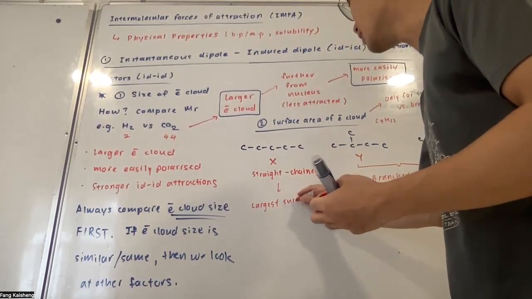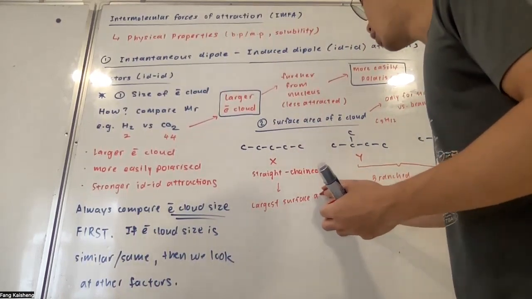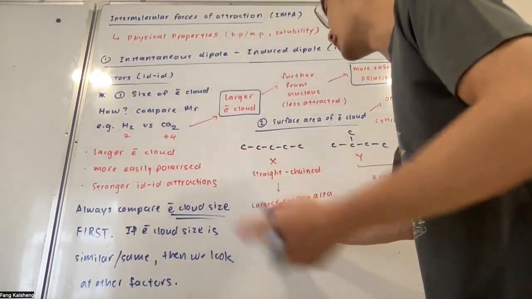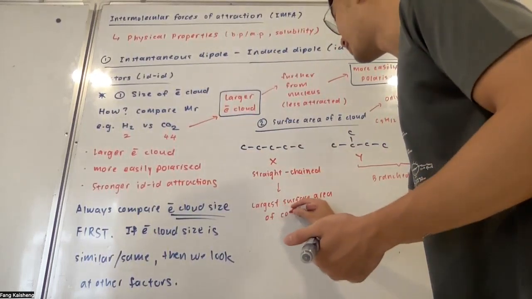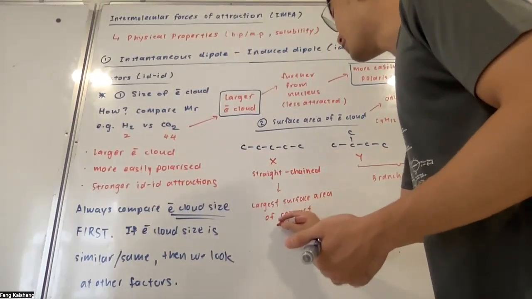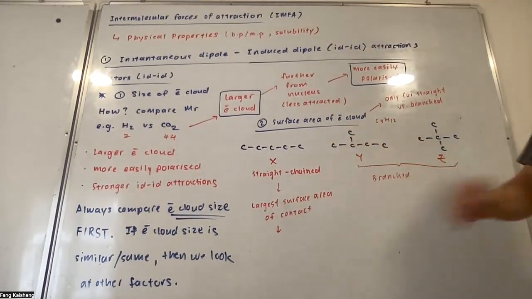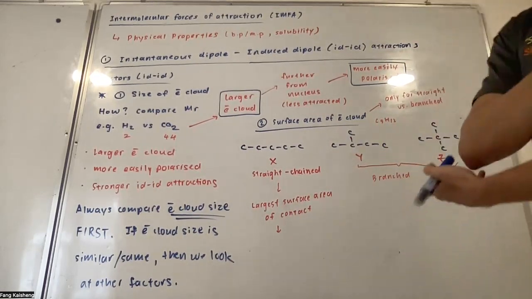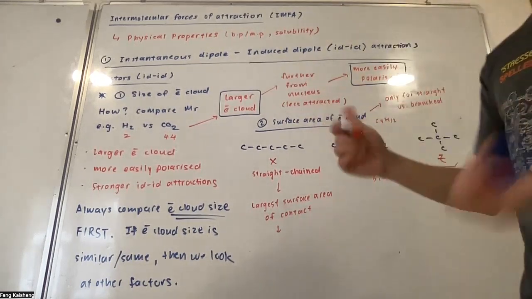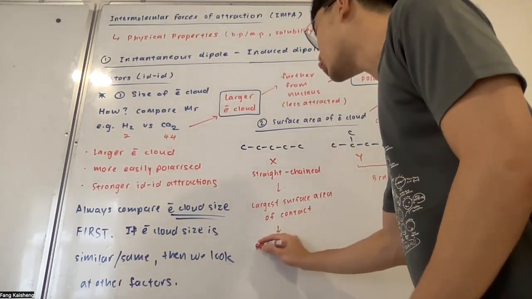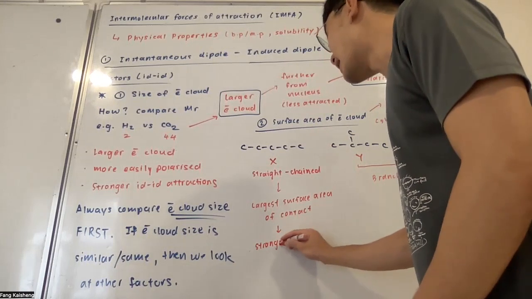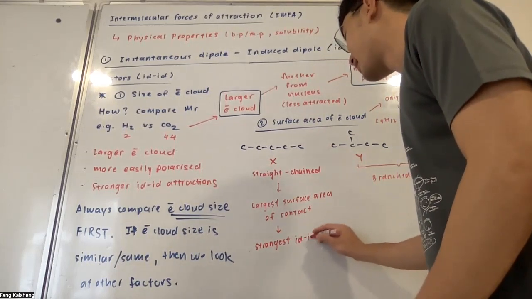Largest surface area of contact. Or you can say he has the largest surface area of his electron cloud. Larger surface area of contact means what? Having the most surface area means the most amount of attractions, right? Okay, you can skip that part. You can just go straight to telling me strongest ID attractions.